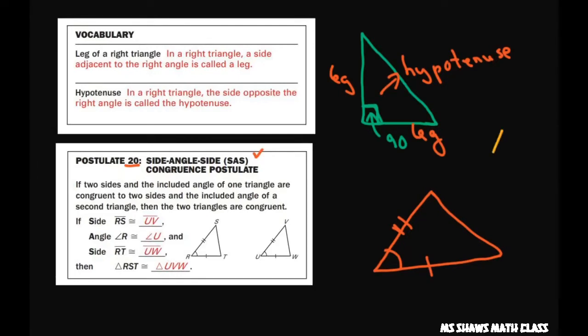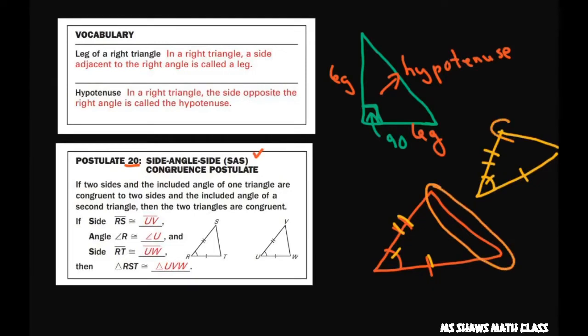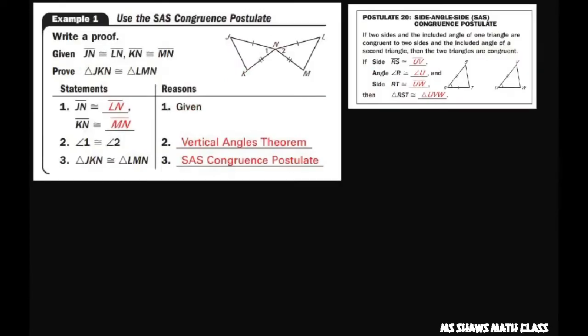If I draw another similar generic triangle, if these two sides are congruent and our angle is congruent and the side is congruent, then the triangles are congruent, even though we're not dealing with this side at all. Just side angle side. All right?